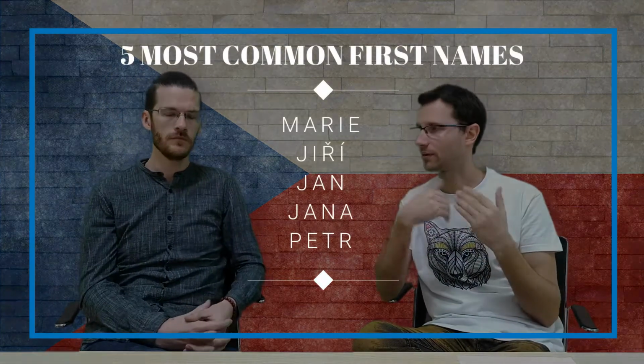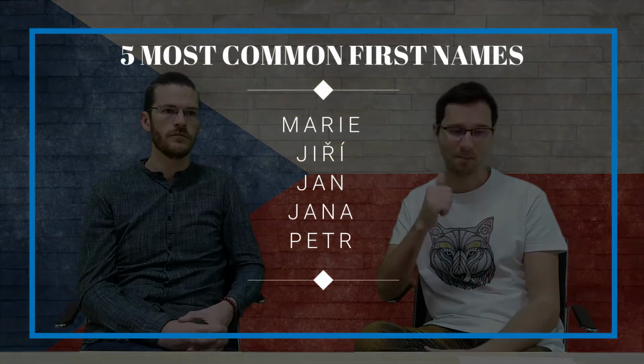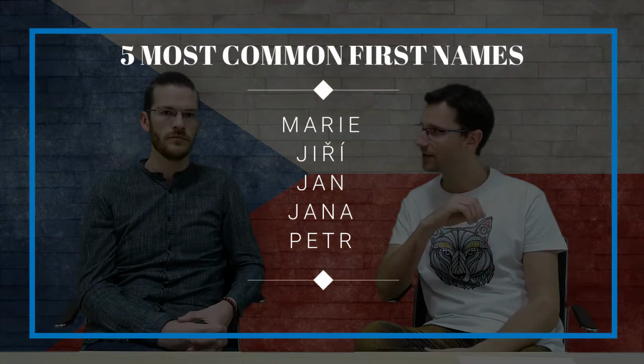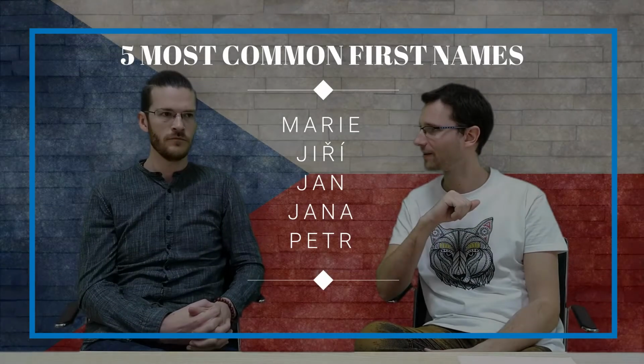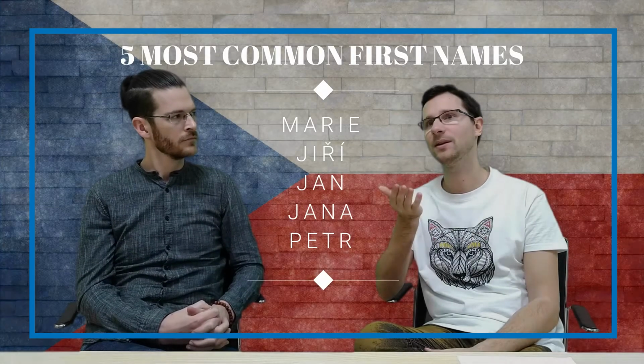So I will give you the five most common names, just so you can get a feeling what a Czech name sounds like. The most used ones right now are Marie, Jiří, Jan, Jana, and Petr.